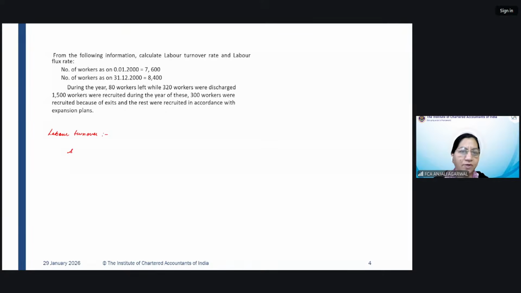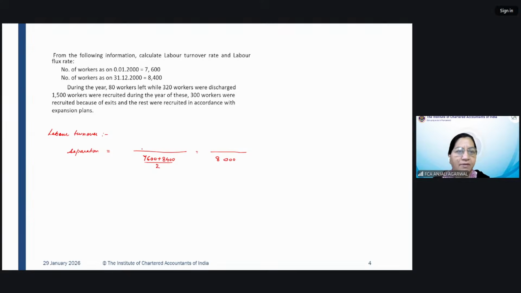For any of the three methods, the first thing we need is the average number of workers during the period. So the average number of workers would be 7,600 plus 8,400, opening plus closing, divided by 2. You will get the average number of workers as 8,000.